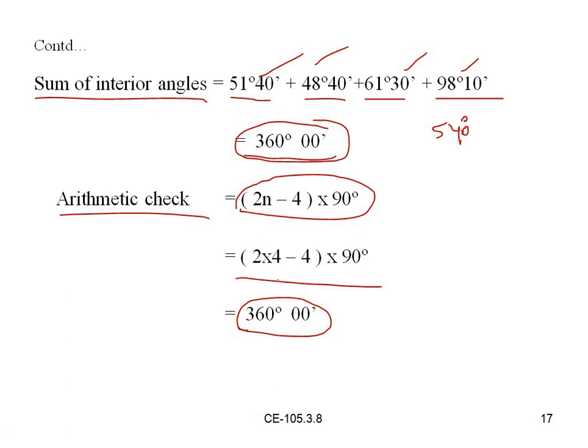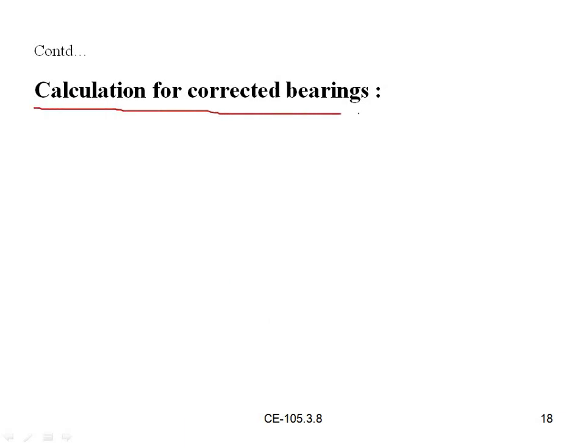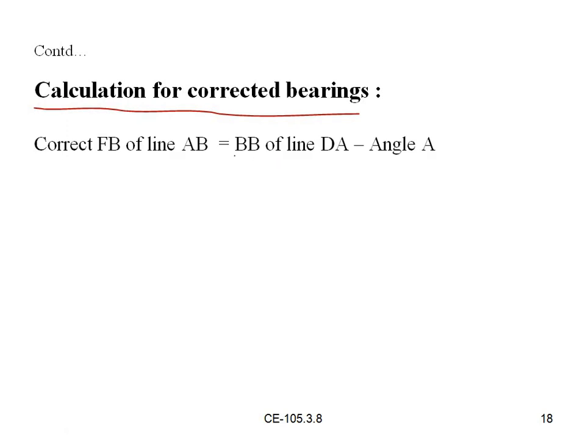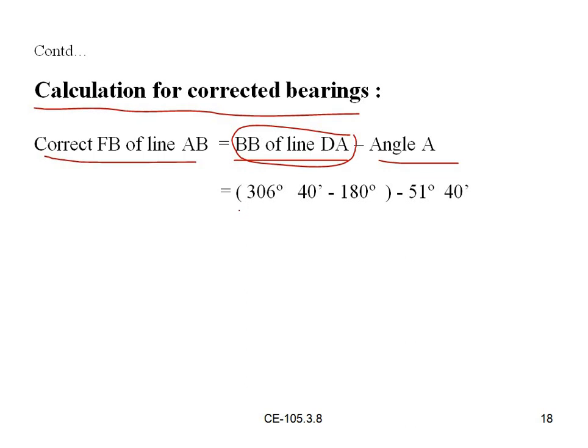Okay, so let us see the calculations for corrected bearings. Whatever the corrected bearings are, we have to check them. The corrected forward bearing of line AB is equal to back bearing of line DA minus angle A. Here we have started from the point DA, so that is 306 degrees 40 minutes minus 180 degrees.